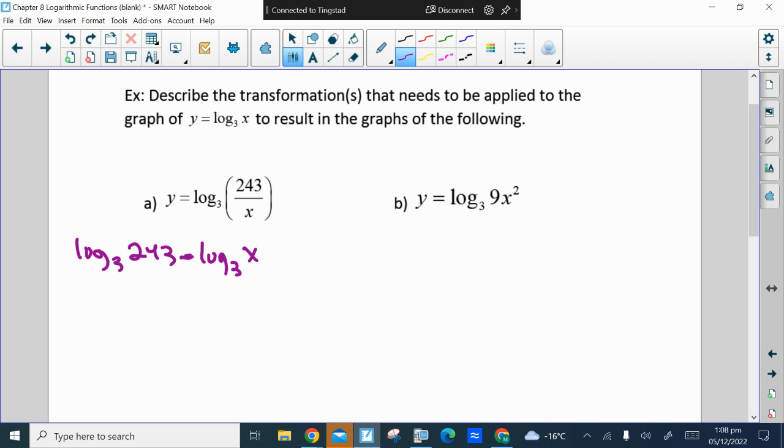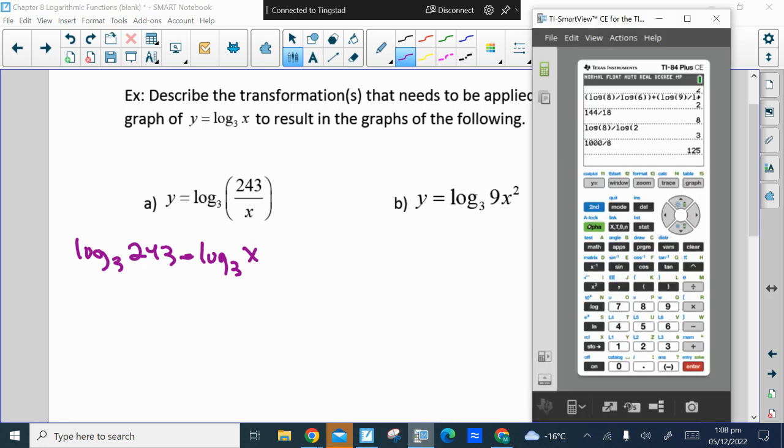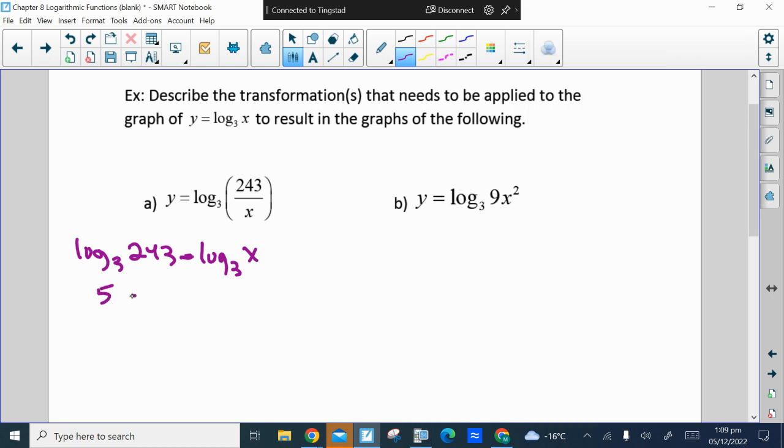I think the answer is 5, but let's check it by using our log function. Log base 3 of 243. Yes, that is 5.